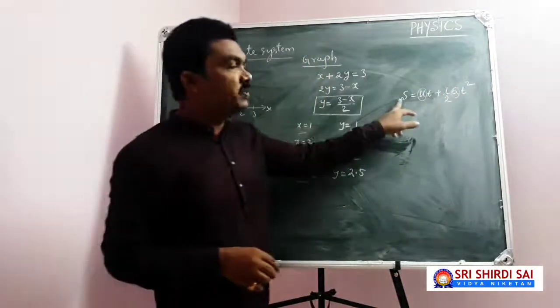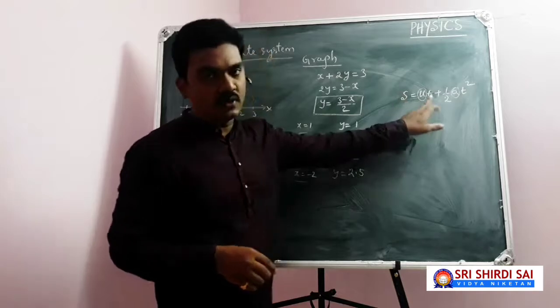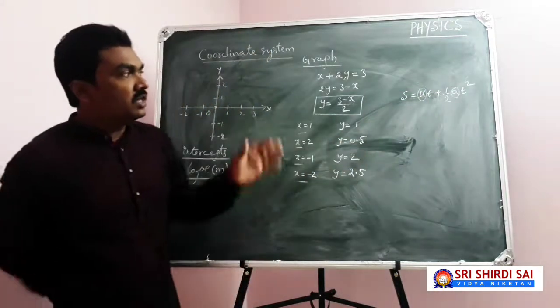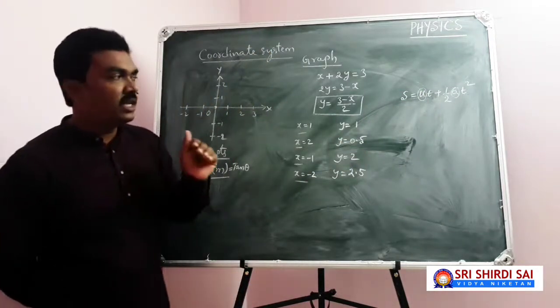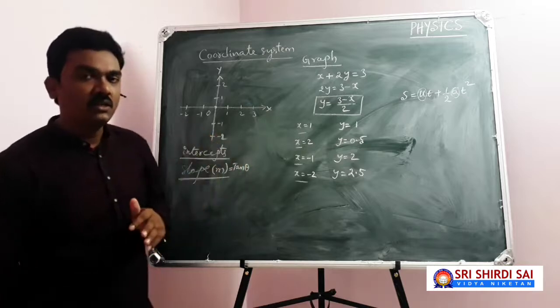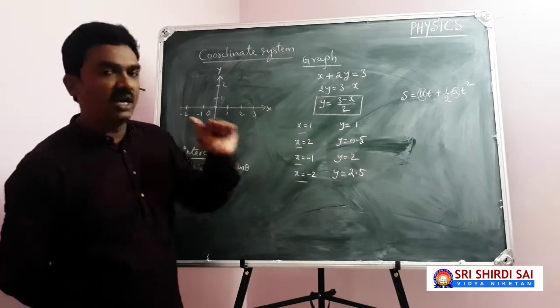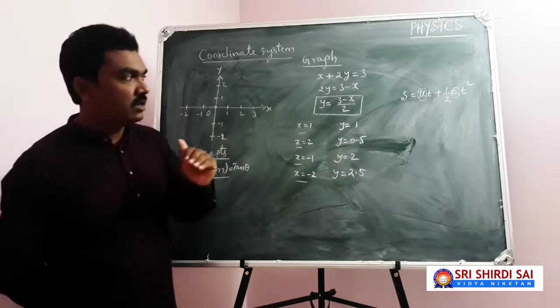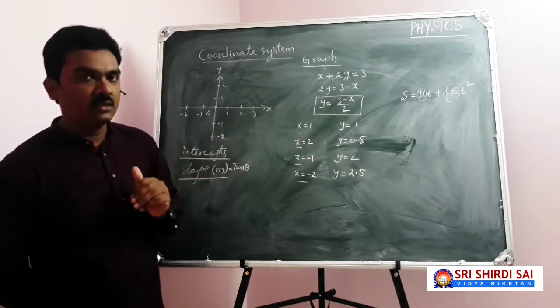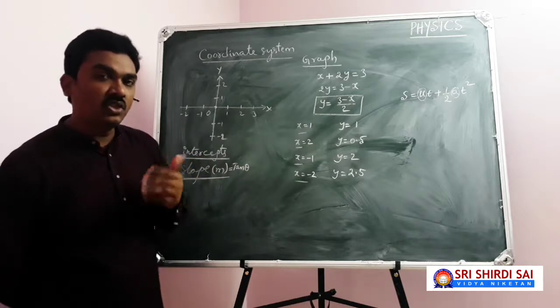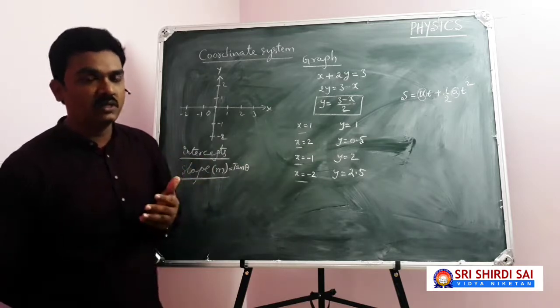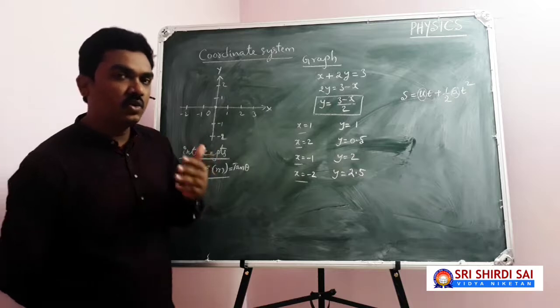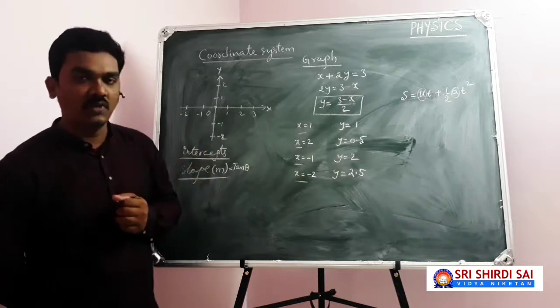S for displacement of the body in the time interval of t seconds. So in that particular equation, a is constant acceleration, u is initial velocity, which are remaining same in the given case. But the time changes. Time doesn't stay somewhere else. Time interval is going to change during the motion of your body.